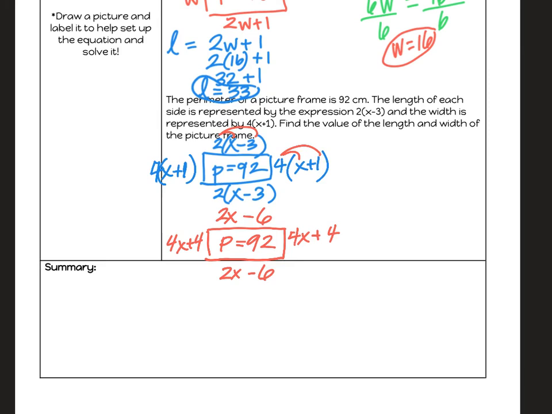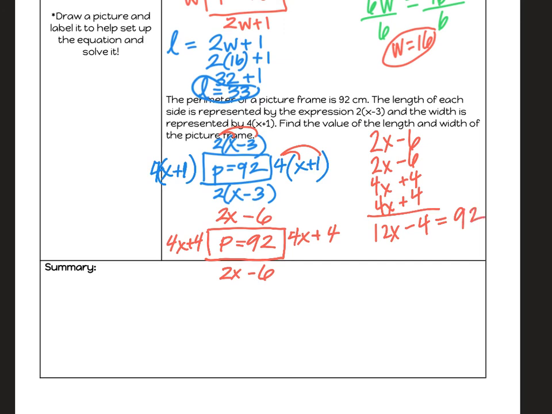Okay. So 2x minus 6, 2x minus 6, 4x plus 4, 4x plus 4. This is going to give me 12x minus 4, and that is equal to 92.